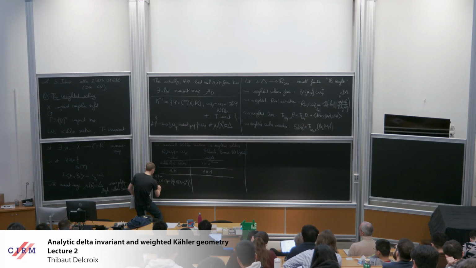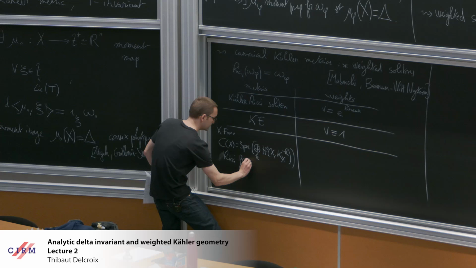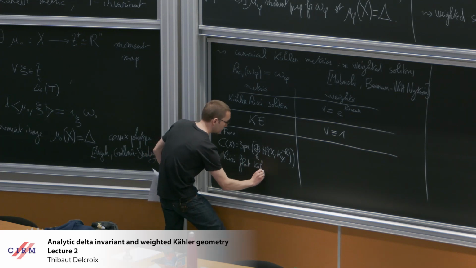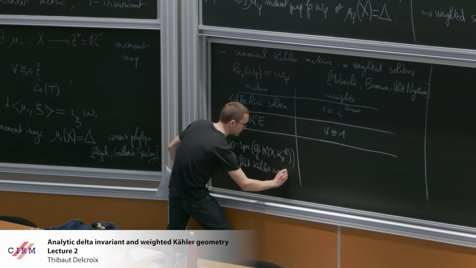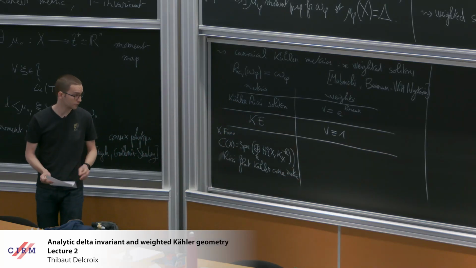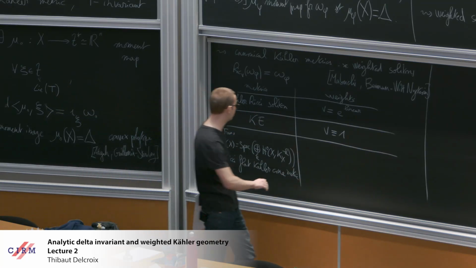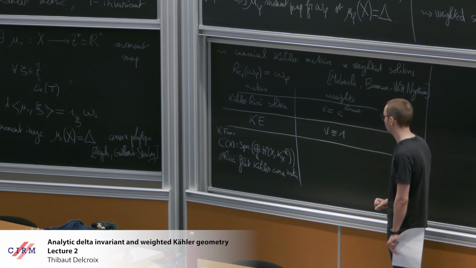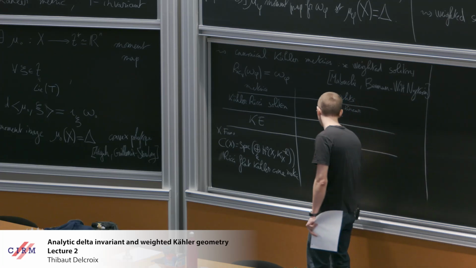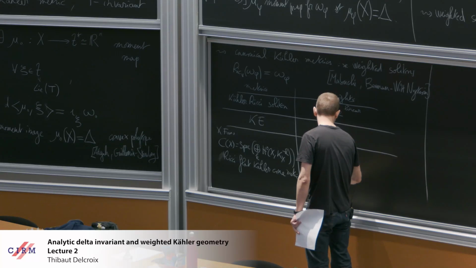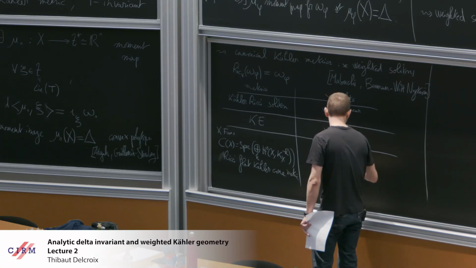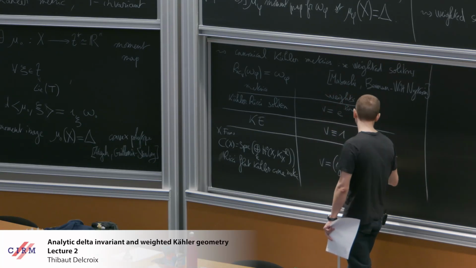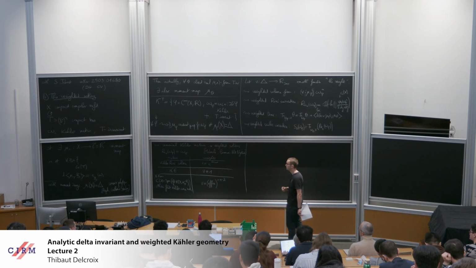It admits a Ricci flat Kähler cone metric, as we heard about also in a short talk yesterday, if and only if X admits a weighted soliton with the weight, which is of the following form. It's an affine function to the power minus n minus 2.